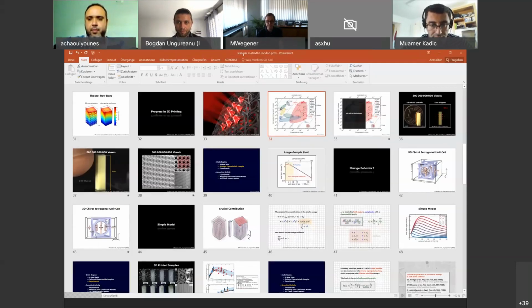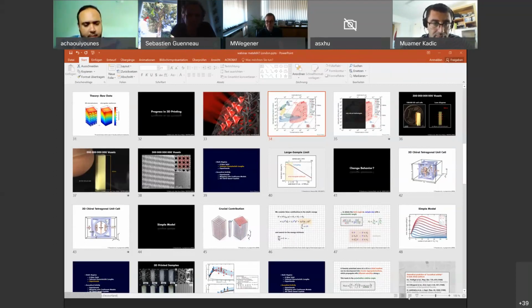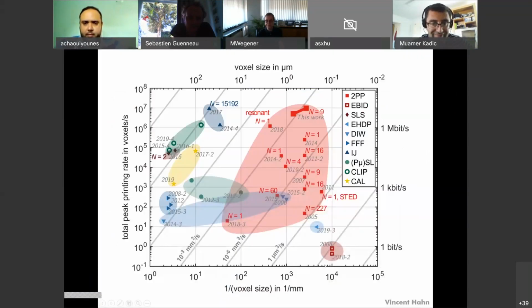And I've got a naive question. What is the finest resolution you can print? Can you print at the atomistic scale? Well, I cannot, Sebastian. What we claim or what we report is shown in this figure here. So these points here mean that the feature size is a little bit below 400 nanometers or so. It's a fairly conservative number here.